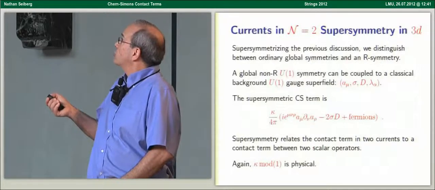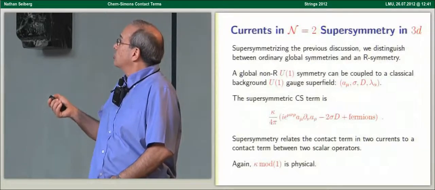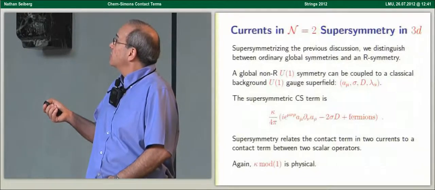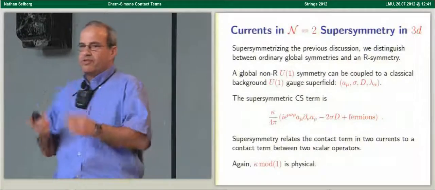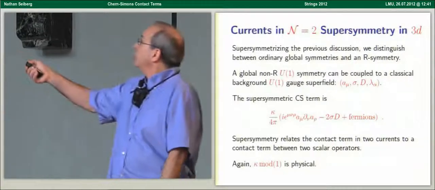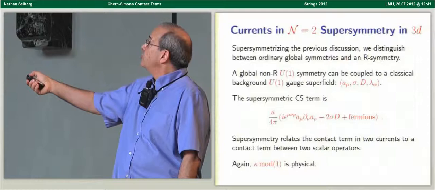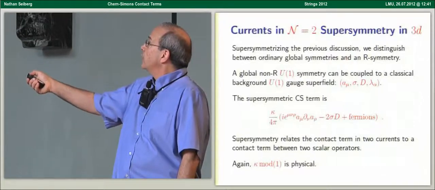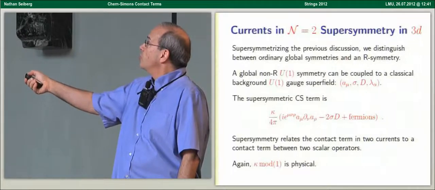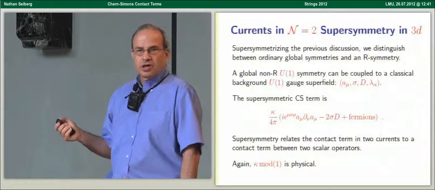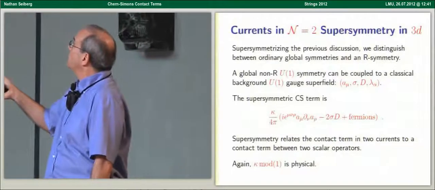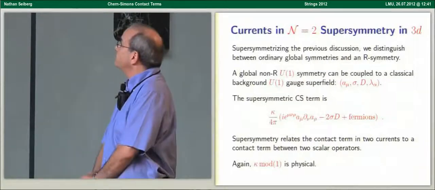And then the contact terms are associated with such Chern-Simons terms, and we see that the contact term in the two-point function of two currents, which is dictated by the coefficient of a mu by this term, which is quadratic in the gauge field, is correlated by supersymmetry with the contact term in two scalar operators. One couples to sigma and the other couples to D. And similarly, there is a contact term in the two-point function of various fermionic operators.